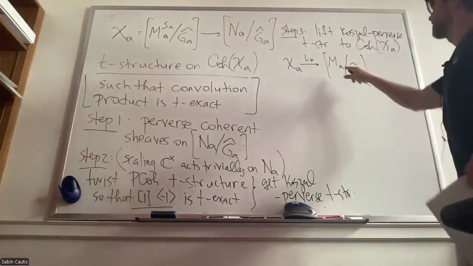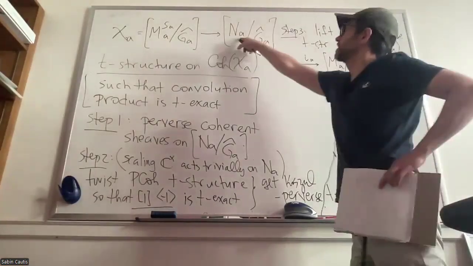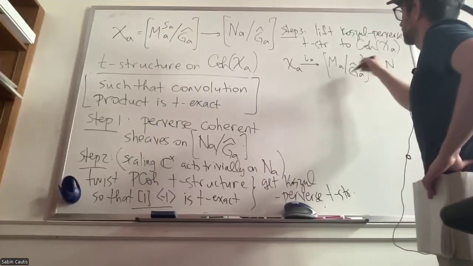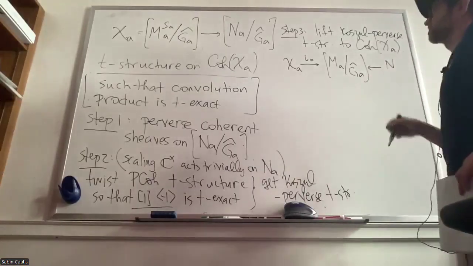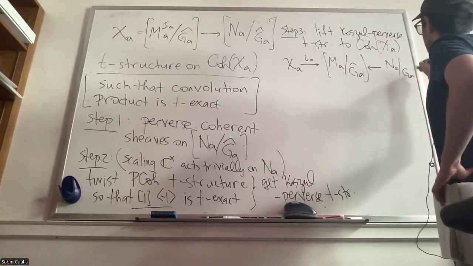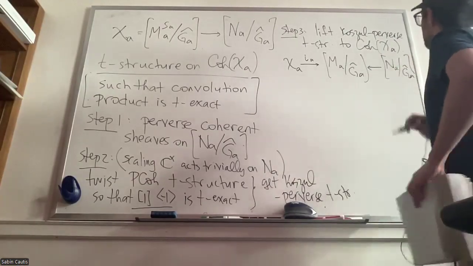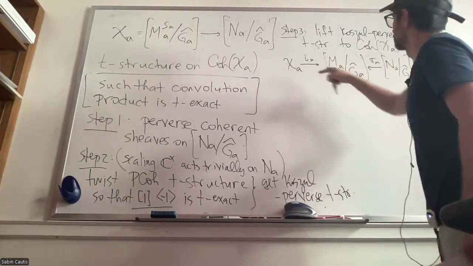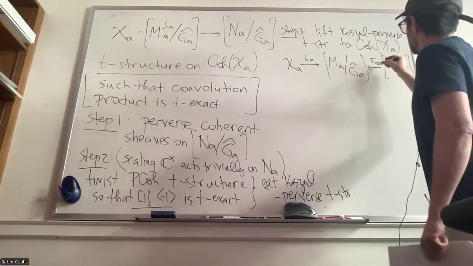And this is a bundle over NA, and we can consider the zero section of that bundle. I keep writing the GA, but it doesn't really play much of a role. Just to be precise, I'll keep it along. So we have NA mapping here by the zero section. This is an inclusion, and this is the natural map.